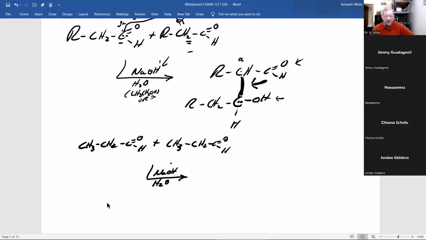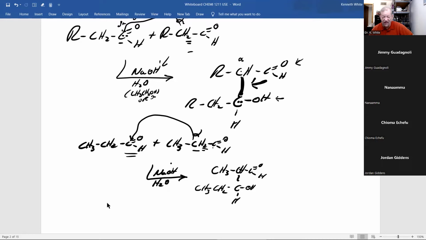As soon as you see base and an aldehyde, the alpha carbon bonded to the carbonyl carbon attacks here, and you pull off one hydrogen to form the enolate anion when it attacks. Remember, there's 4 bonds to carbon. And then this one opens up to an alcohol. And what's attached to it is still attached to it. And that's how you do it.